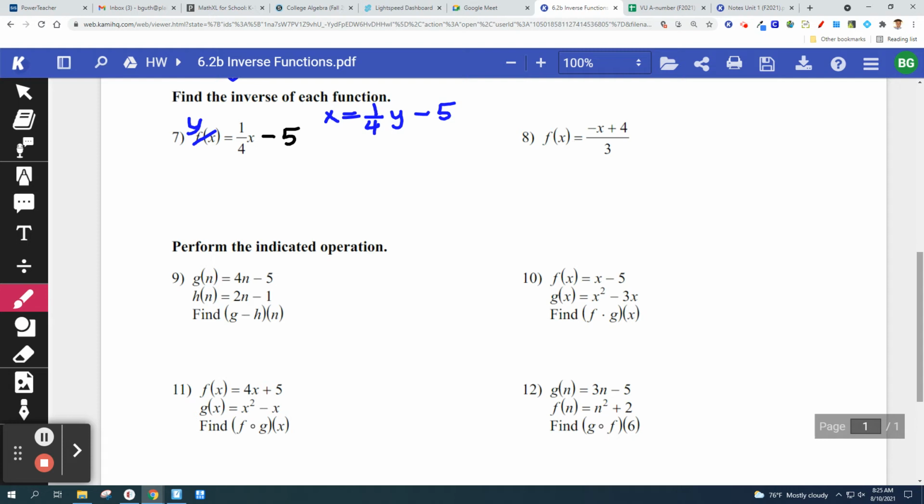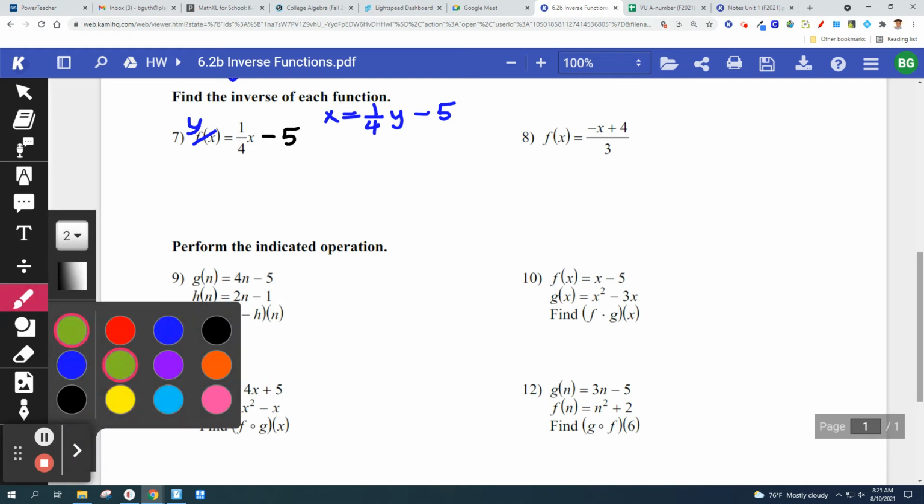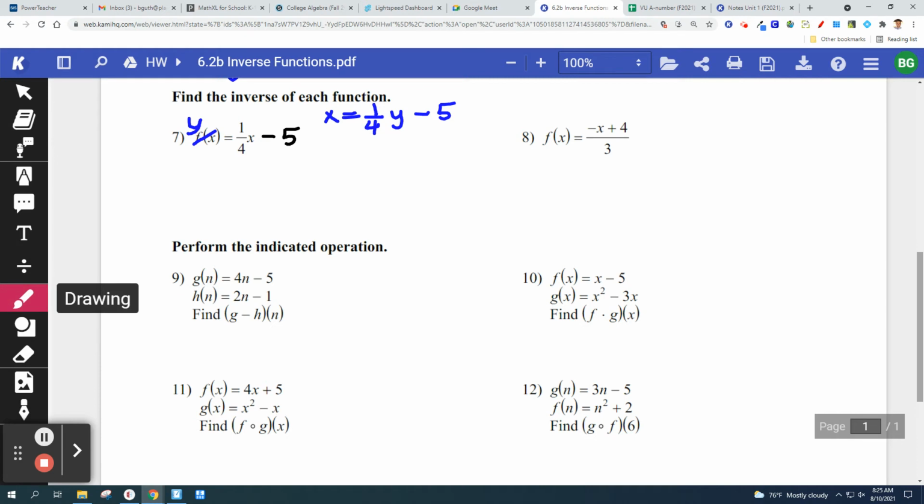So there's a couple of different moves you could make. Either you have to knock out that 4 or you have to knock out the 5. One or the other, and everybody in here might do it. I don't know that it really matters. If you decided to add 5 to both sides, that's going to work. But I'm going to choose to multiply by 4.